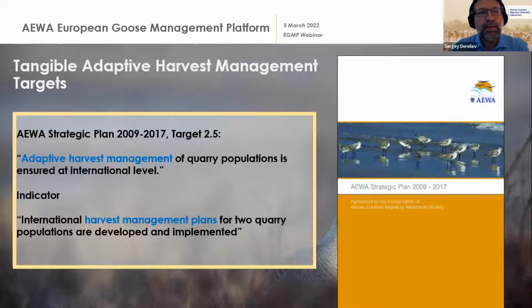Based on these provisions, in the agreement strategic plan for the period 2009-2017, the parties agreed on target 2.5, under which adaptive harvest management of quarry populations was required to be ensured at international level. And as indicator for this target, the parties have set the establishment of harvest management plans for 2 quarry populations.